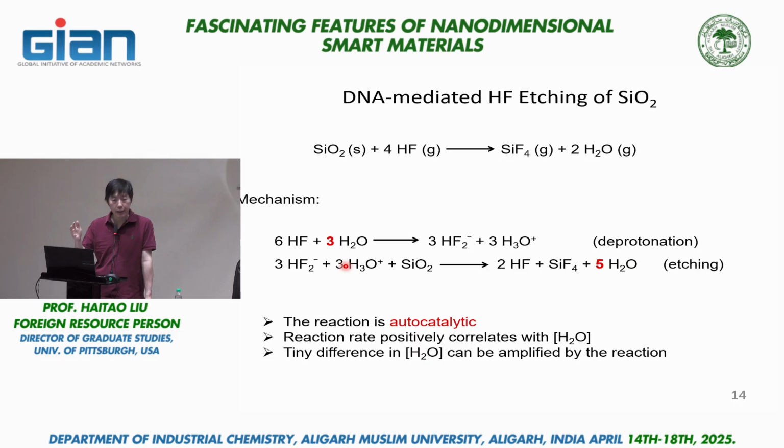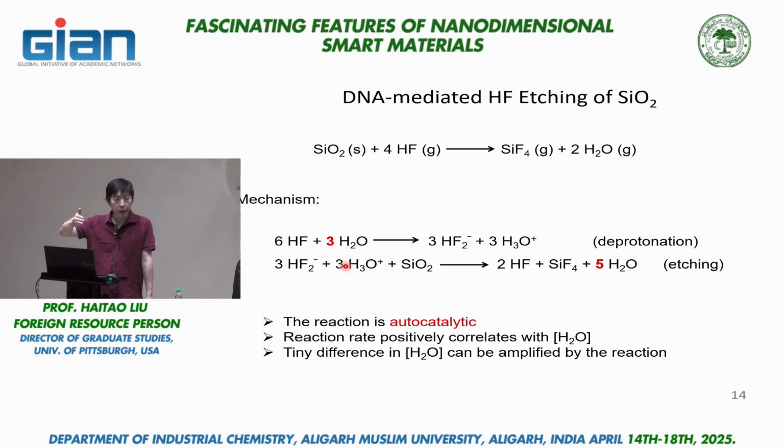Now we're doing everything in gas phase. We have silicon wafer with DNA on it, and we are flowing HF vapor, and we control the amount of water vapor in the gas phase. So there will be an equilibrium between water vapor and water absorbed on the silicon oxide surface.